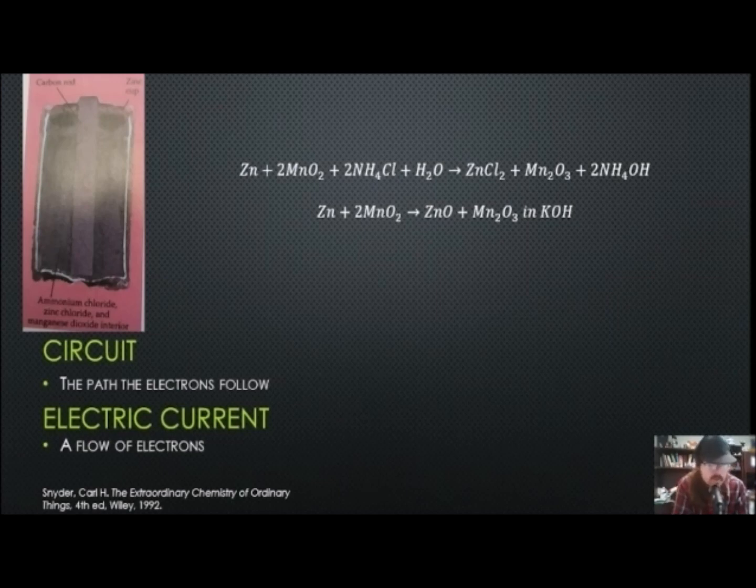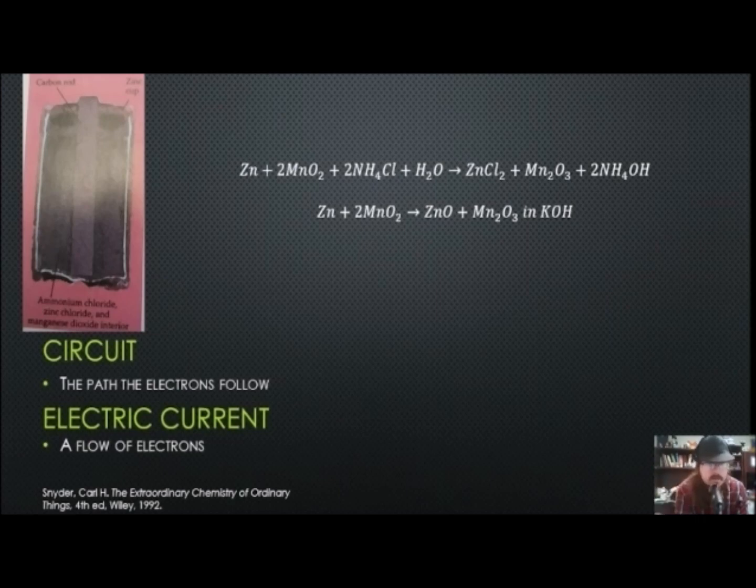For a battery to work, it must complete a circuit. And the circuit is simply the path the electrons have to follow. The idea is that you have some sort of equipment, and the battery touches the head and the end of it in the path so that when the button is pressed to turn it on, it completes the circuit and it draws electricity.